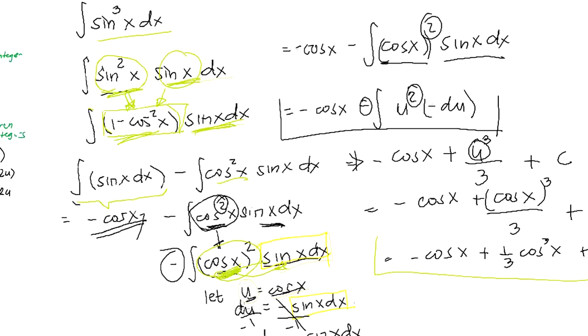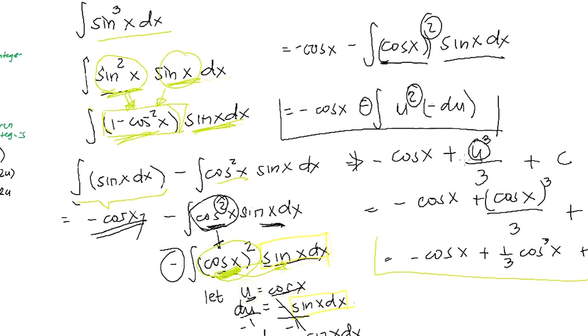So after that, we got the derivative of u, which is du equal to negative sine x dx. And then we convert all x terms using the equivalent u and derivative of u, so we come up with this. So we have u squared multiplied by negative du, and then after simplifying, we notice that we can use power formula, which is u to the 3 all over 3, then plus c.